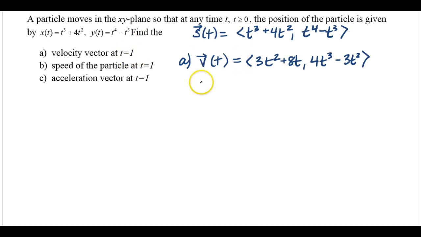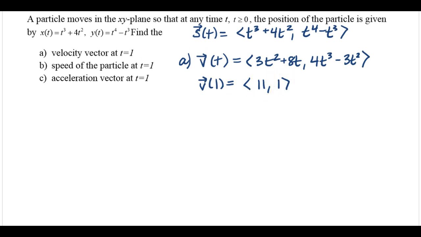So now that I have the velocity vector, I can substitute 1 into my t. So it's going to be 3 times 1 plus 8 times 1, so I'm going to end up with 11. And then here I'm going to end up with 4 minus 3 if I'm plugging in 1. So my velocity vector at time 1 is 11, 1.